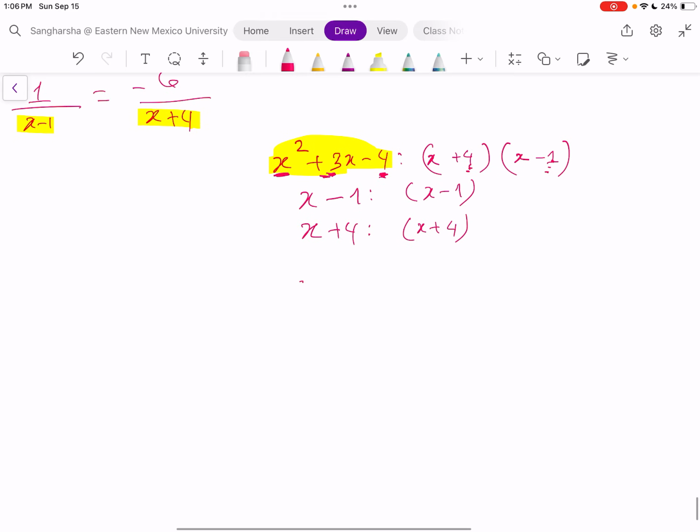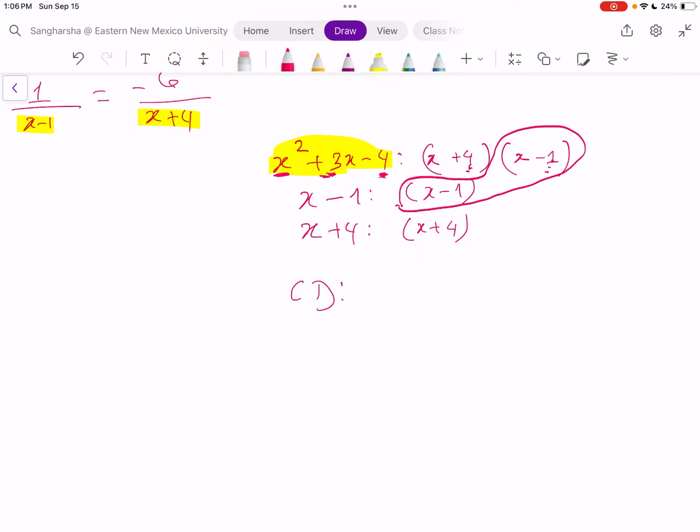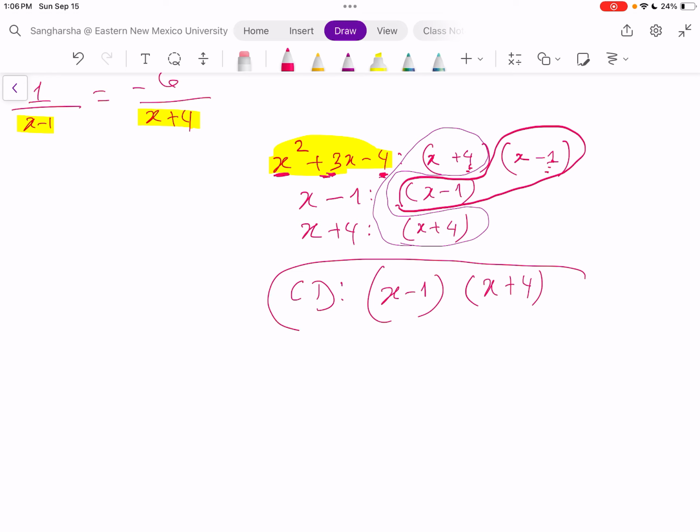Now to write the common denominator, we look for the factor which is common in all of these three denominators. We don't have one, but we do have x minus 1 common in two denominators. If you have any common factor, you write it one time, so we have x minus 1. Similarly, we have x plus 4 common in two denominators, so you write this one time, x plus 4, and this is your common denominator.